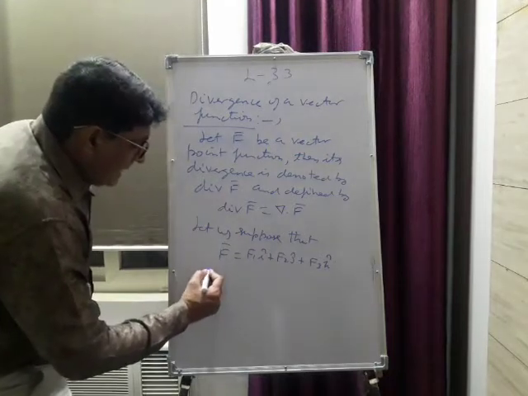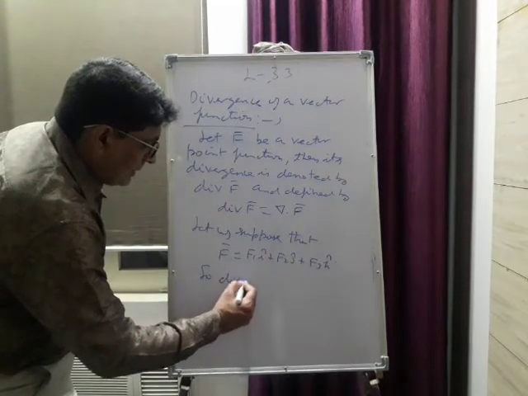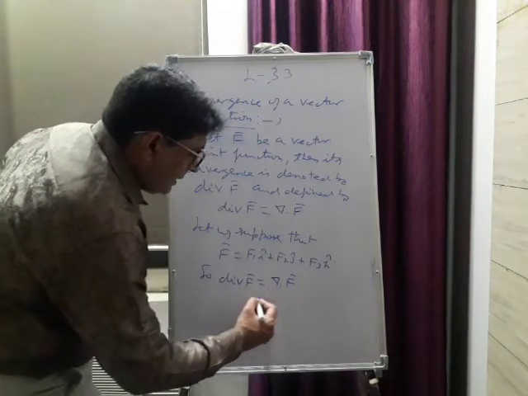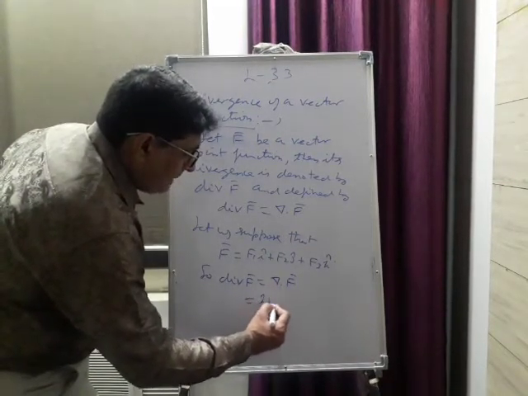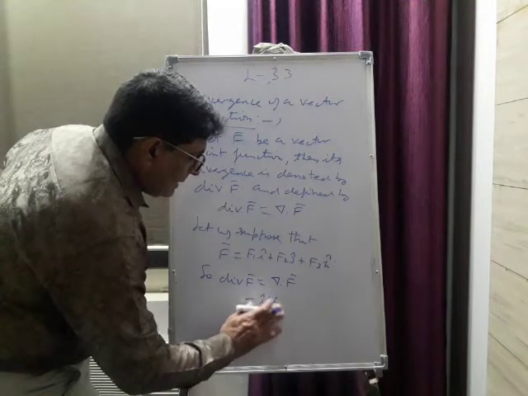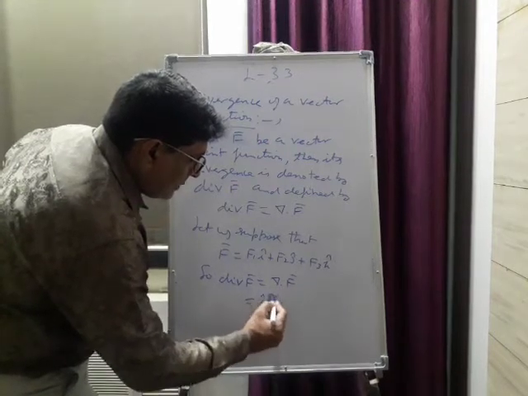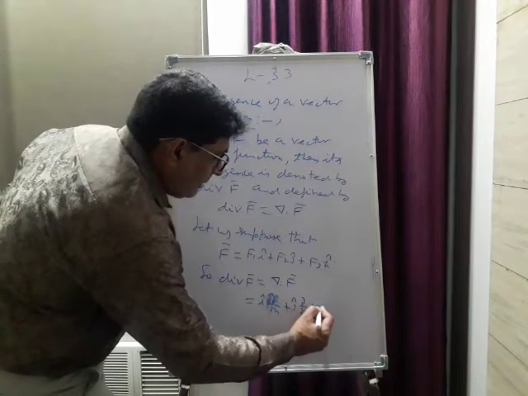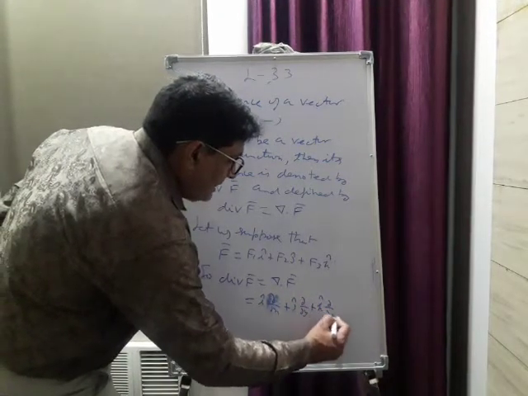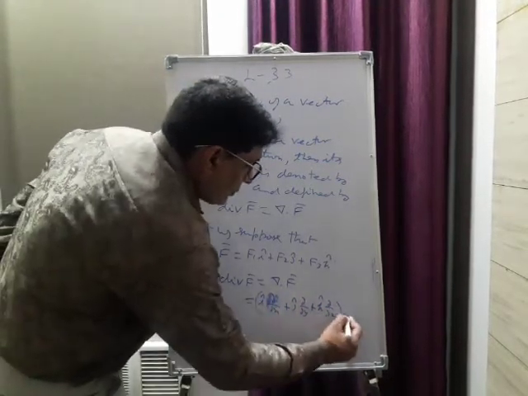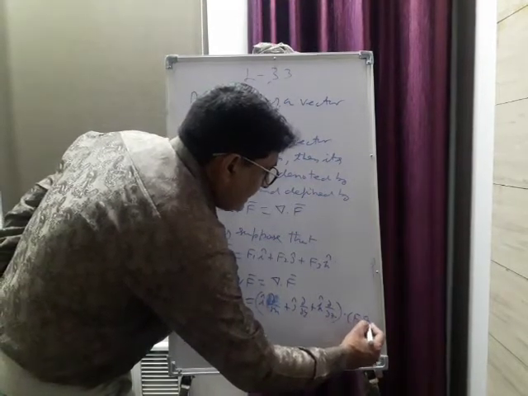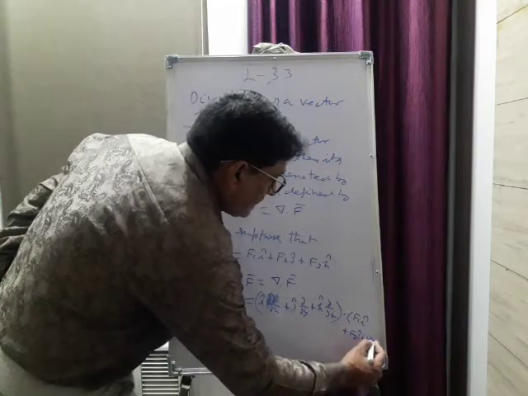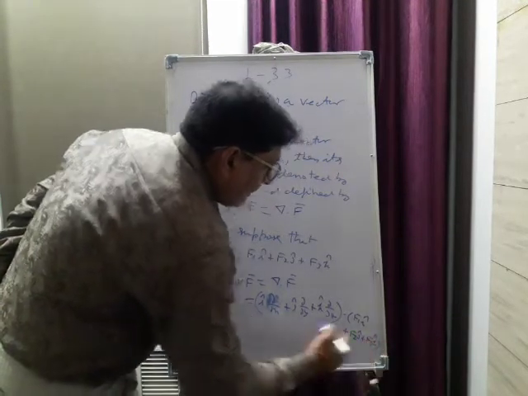So divergence f, which is equal to del dot f, which is equal to i cap del over del x plus j del over del y plus k del over del z dot f1 i cap plus f2 j cap plus f3 k cap.